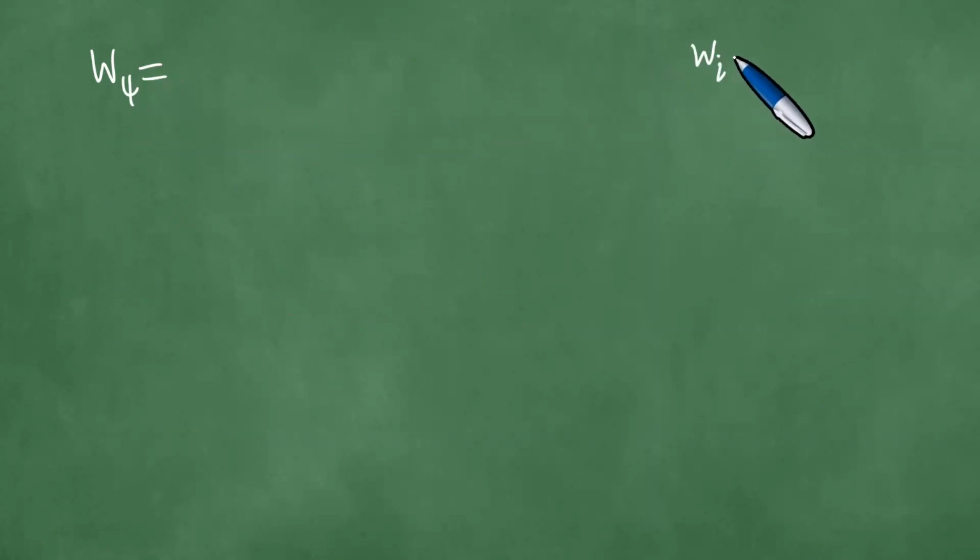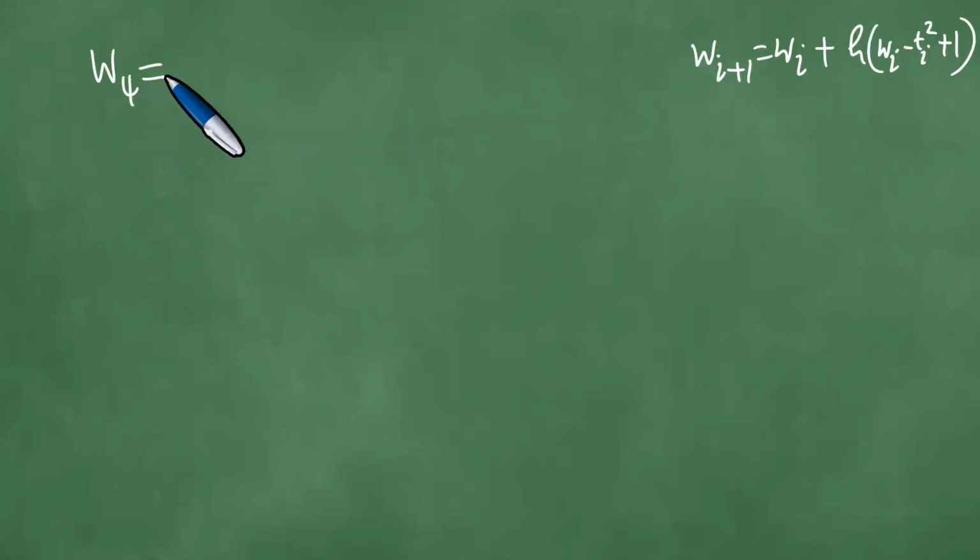Right, so the W(i+1) formula is W_i plus H times the formula here, which is W_i minus T_i squared plus 1. Now if you find W4, it occurs when i is 3.